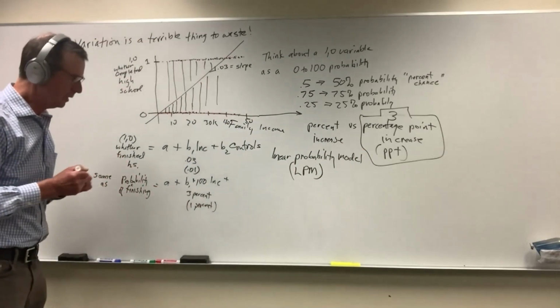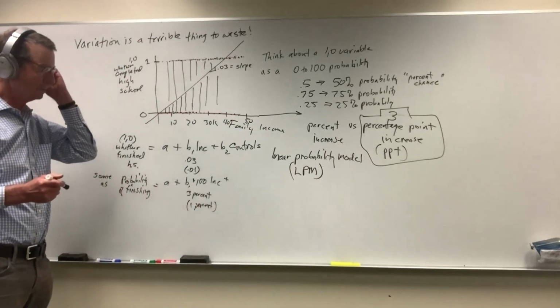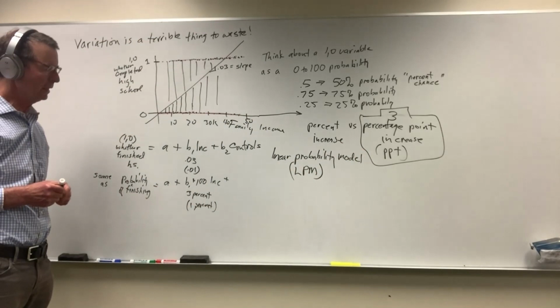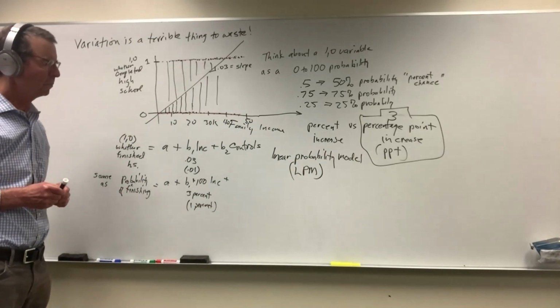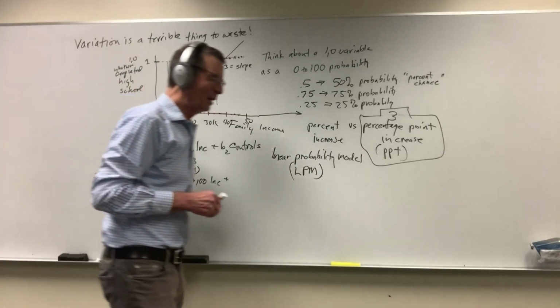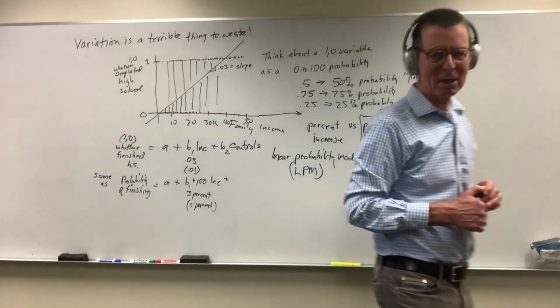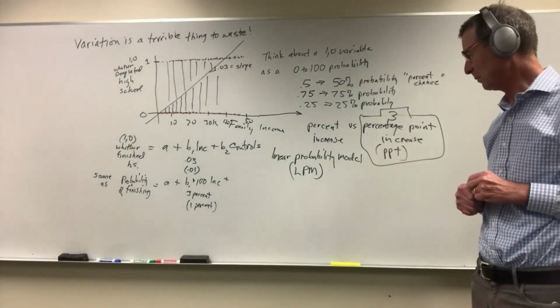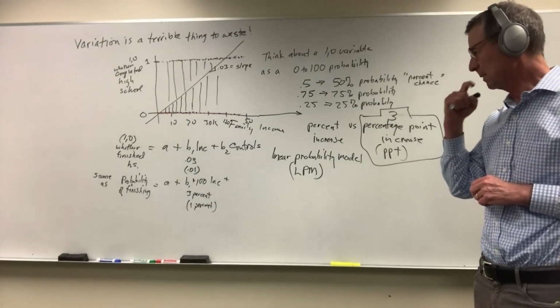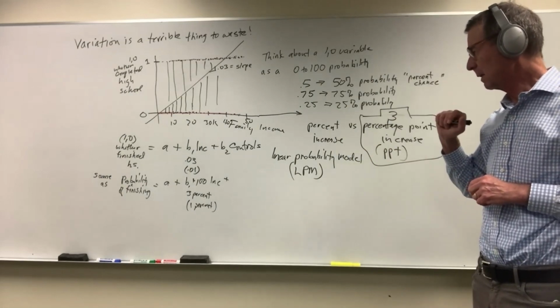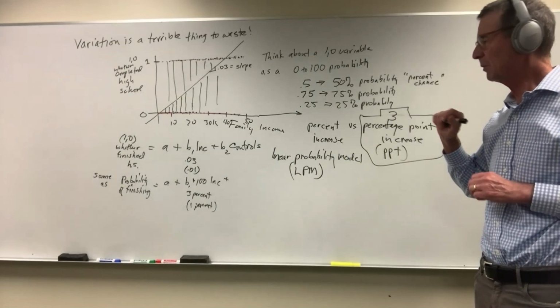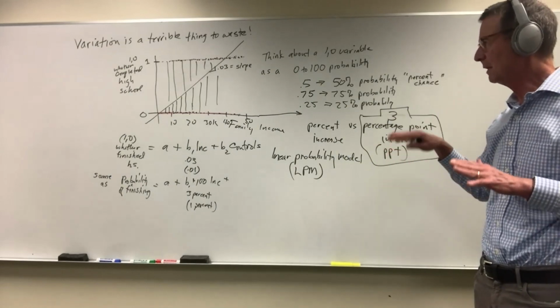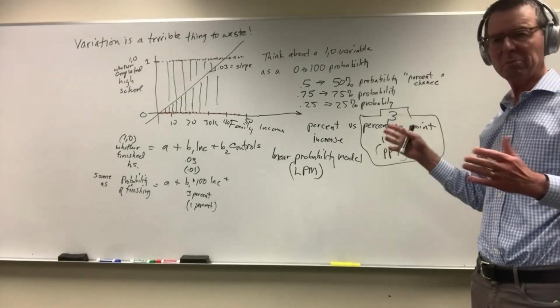And it's used a lot, almost exclusively by economists. Economists are wrong about a lot of things, but I don't think they're wrong in using linear probability models a lot. What's nice about a linear probability model is that it gives you such transparent results.